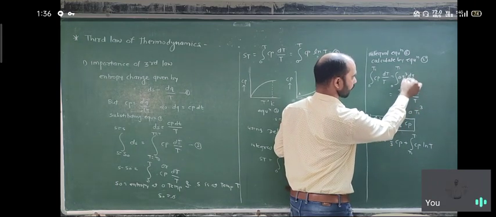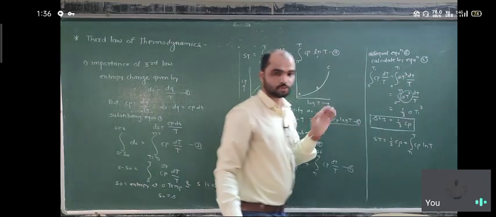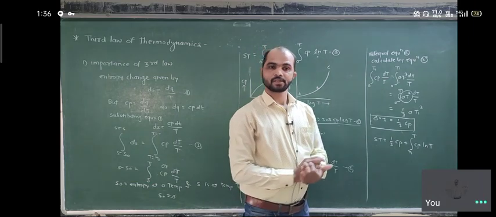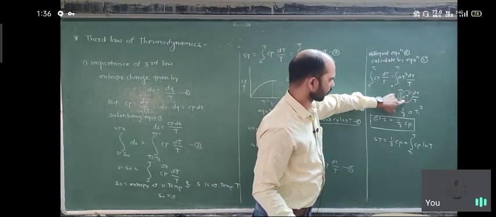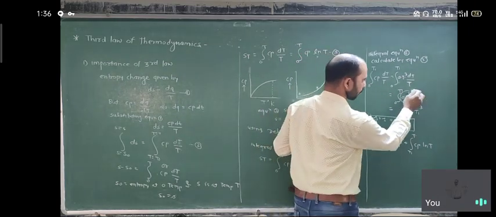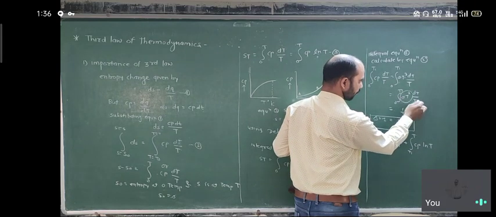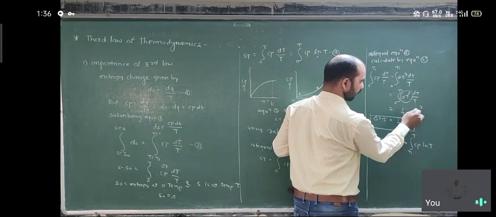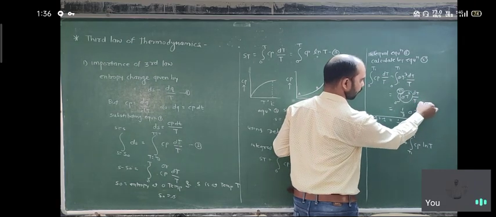so the T cube converts into T square after solving this. Using this we calculate, there is a factor of 1/3, so T cube and T, when we solve it, we get 1/3 A T1 cube.